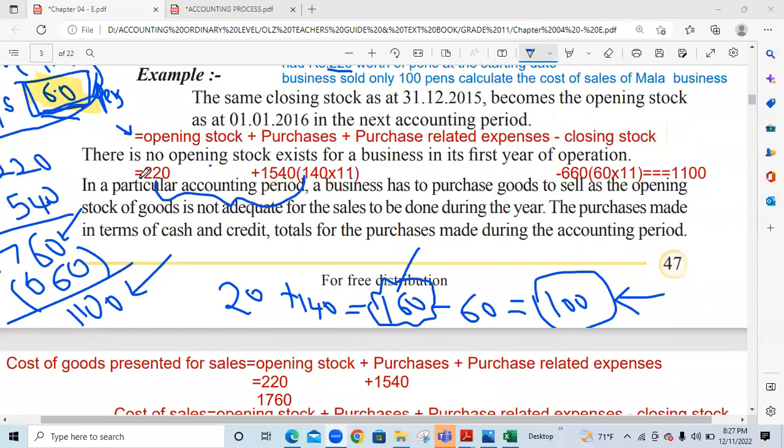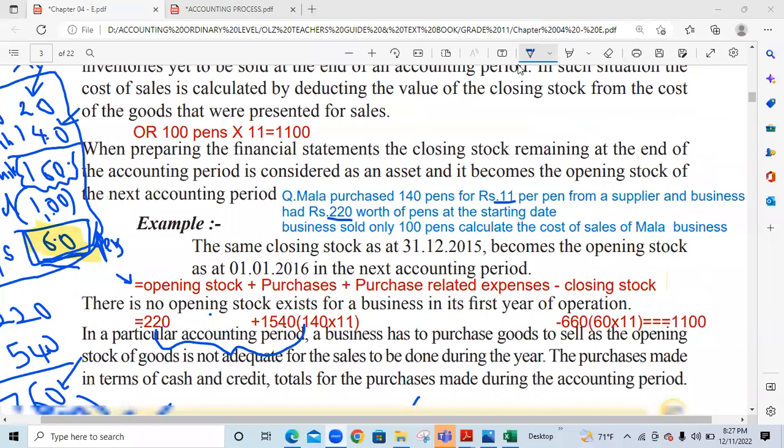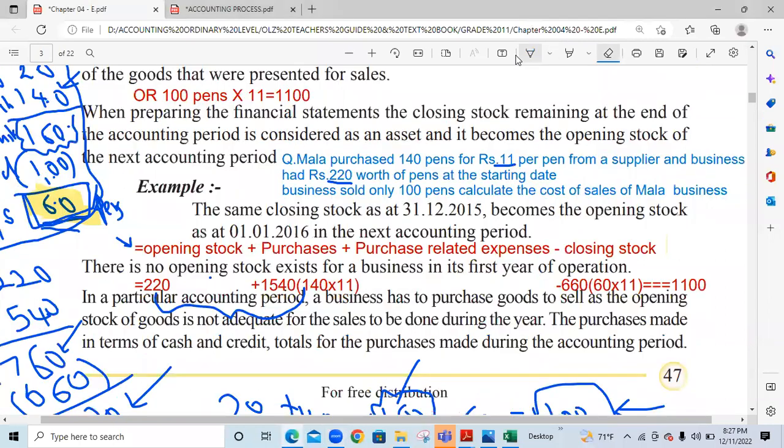Okay, guys, if you are a newly started business, will you have opening stock? If you are a business that started recently this year, will you have opening stock? No. Remember another point which I'm going to tell you. For a newly started business, all the opening balances are zero except for one thing.